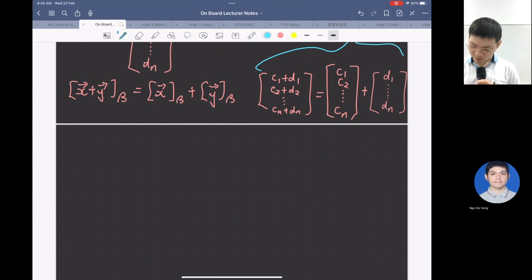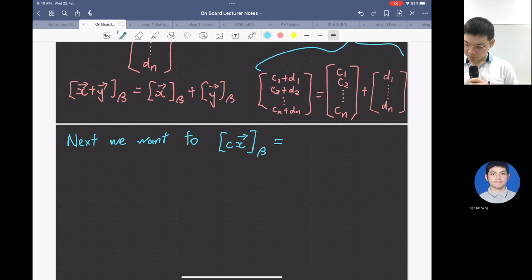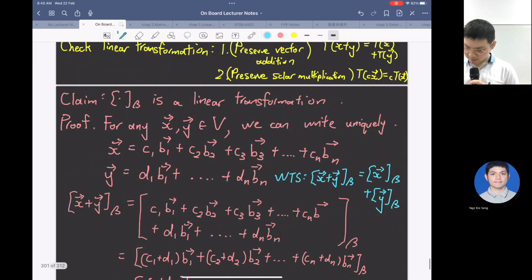Next, we want to show that the coordinate vector of cx is equal to c times the coordinate vector of x. We already wrote cx in a general form. Let's keep using this.